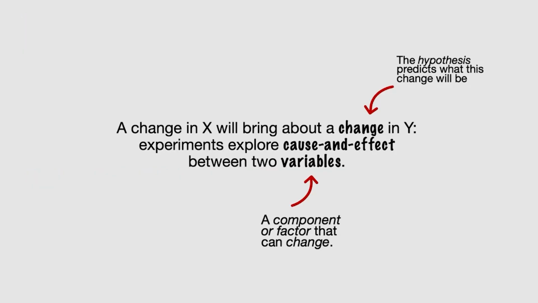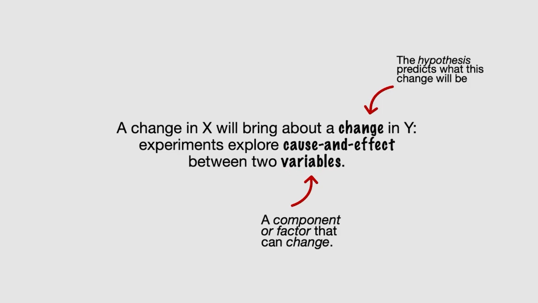Right, so the main thing about any sort of experiment is that it's always trying to figure out whether there's a cause and effect relationship between X and Y. So does X cause a change in Y? And X and Y are called variables because an experiment is trying to understand or discover the causal relationship between two variables.